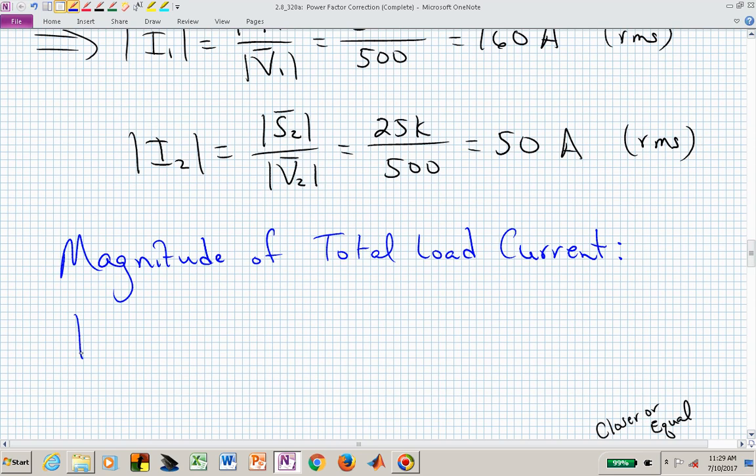And what we can say now is we have the apparent power of the combination of loads 1 and 2.